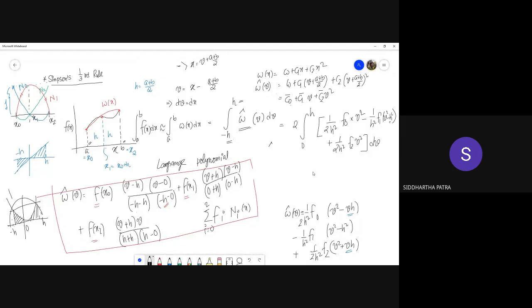So can you do this integration? And can you tell me whatever is the coefficient of f0, f1, and f2?